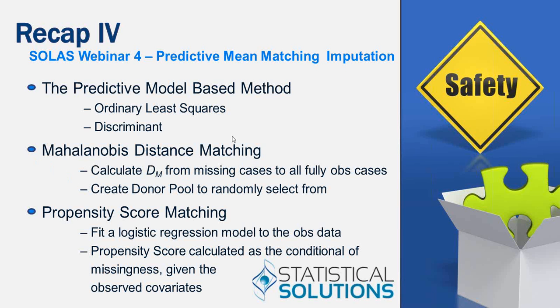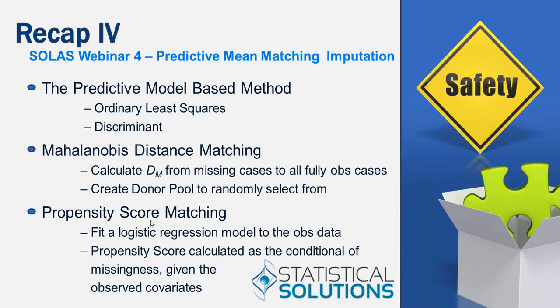We also talked about Mahalanobis distance matching, and this is where we compute the Mahalanobis distance from each missing case to every fully observed case based on some fixed covariates, and we can define donor pools based on the closest Mahalanobis cases to the missing ones.